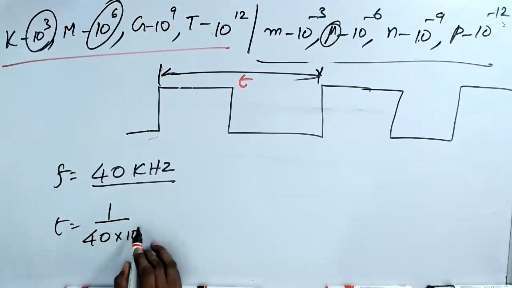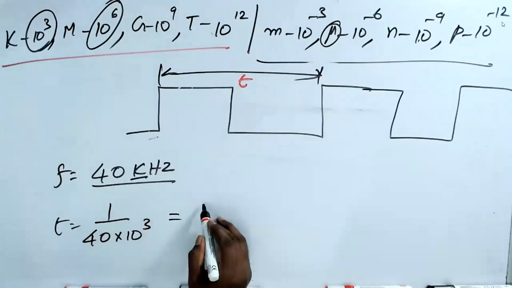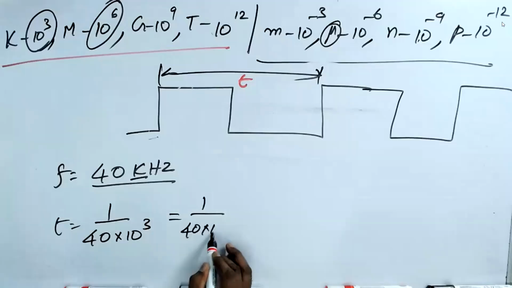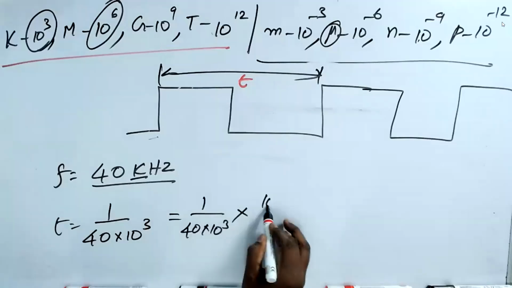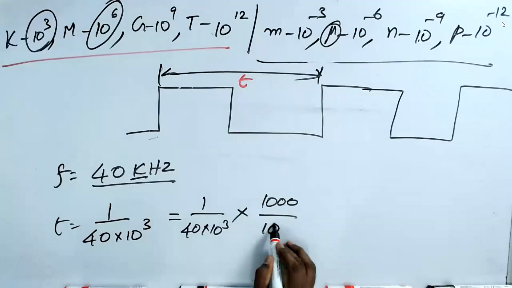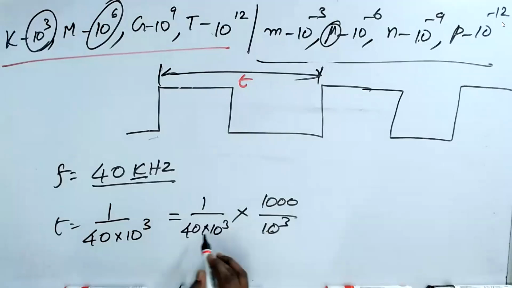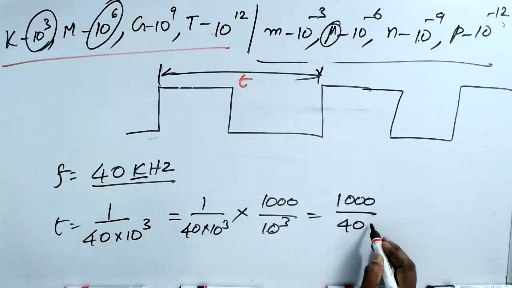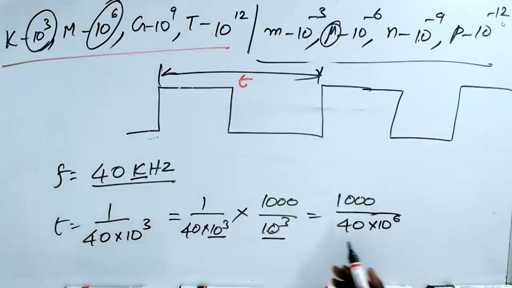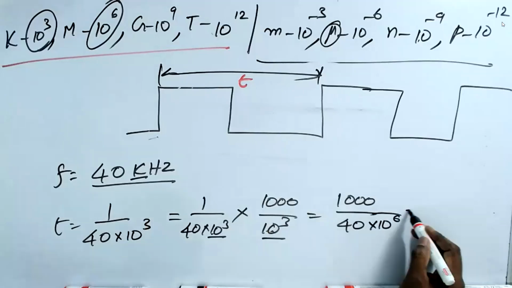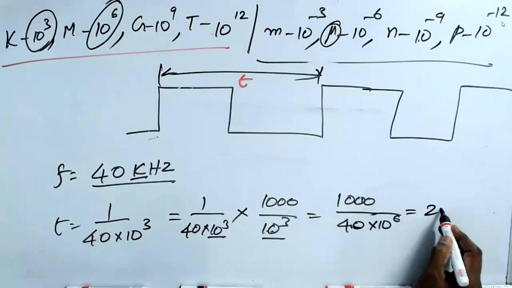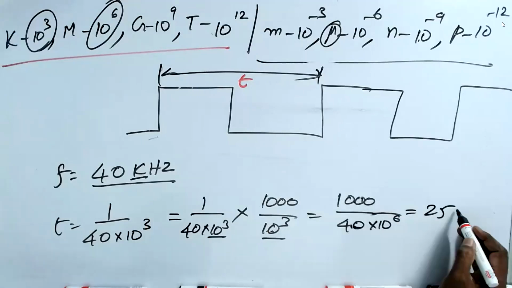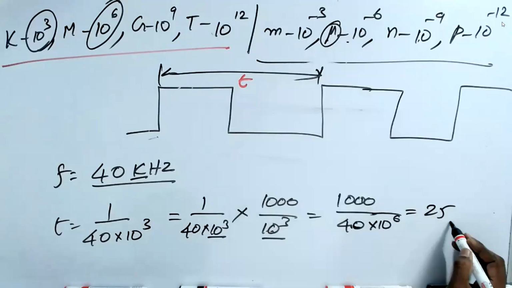Multiply by 1000 by 1000, and we write 10 power 3 because we can add it. It is 1000 by 40 into 10 power 6, because 10 power 3 plus 10 power 3 is 10 power 6. 1000 by 40 is 25, with 10 power minus 6, which is micro.